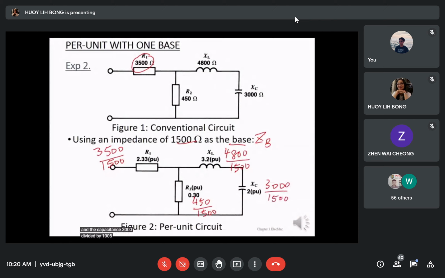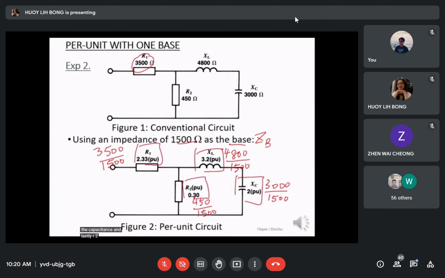From the per unit, we can conclude that the inductance has the highest impedance, followed by R1, and then the capacitance, and lastly R2.